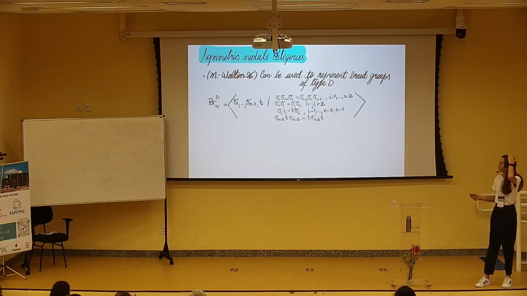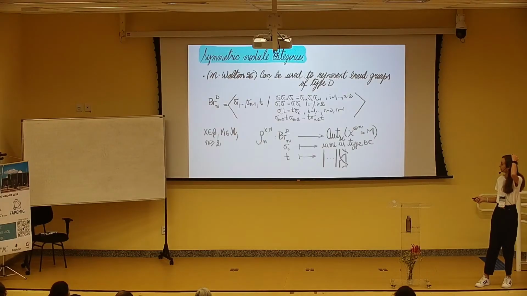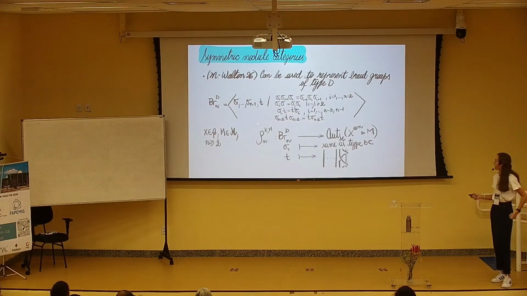And we prove that you can represent the braid group of type D using symmetric module categories.